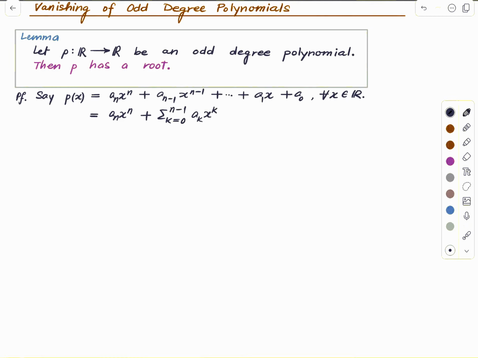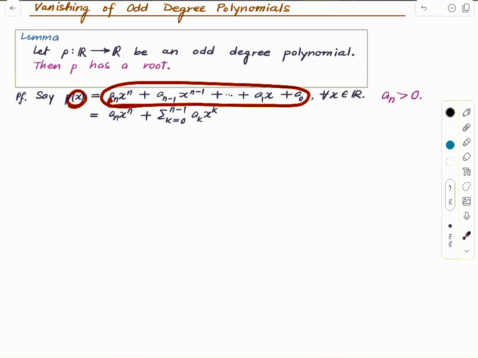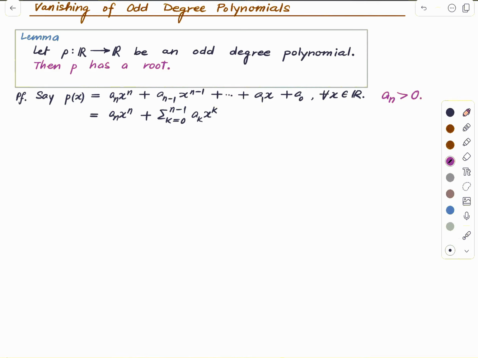And we may assume that the leading coefficient is positive. When we write p(x) like that, there are two cases: either this thing is positive or negative. I'll just argue in the positive case. A very similar argument will also go through in the negative case. So p(x) is that thing, which we can also write in a separate line.